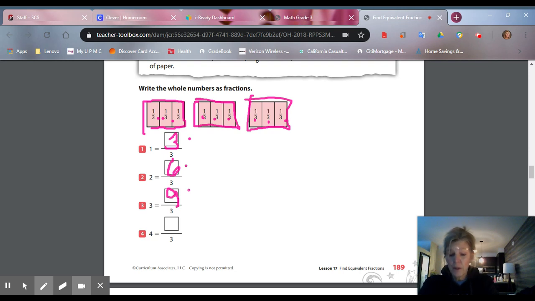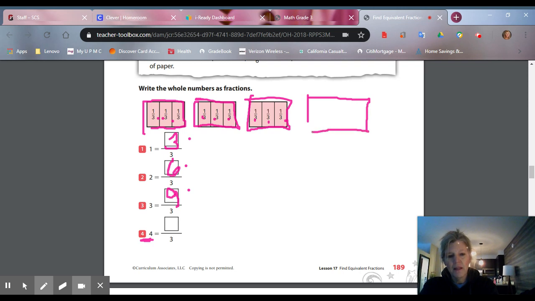Let's look at number 4. Now they want to know what 4 wholes would be if they were cut into thirds. But we don't have 4 wholes. They didn't give it to us. So you can draw another whole and make it into thirds if you like to do that.